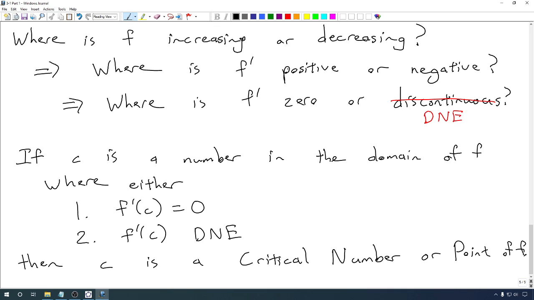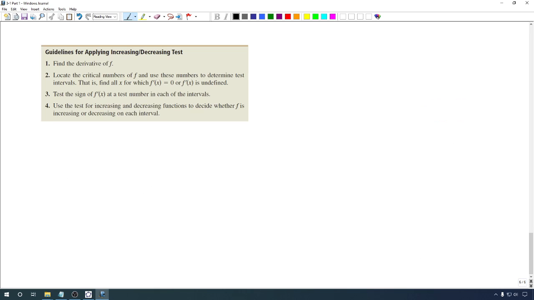And being able to determine these critical points will help us to determine where the derivative is positive or negative, which will in turn allow us to determine where the original function is increasing or decreasing. The book breaks this down into a 4-step process.